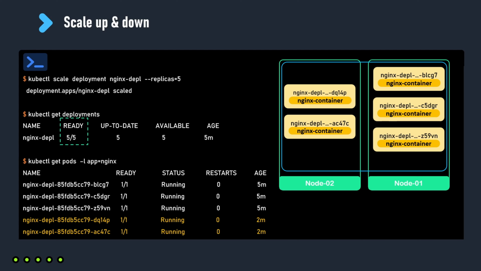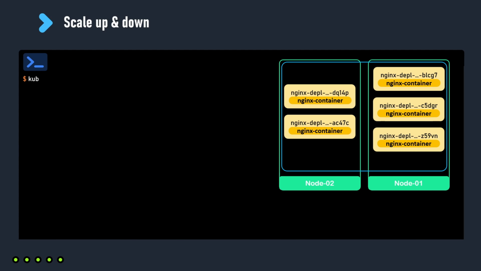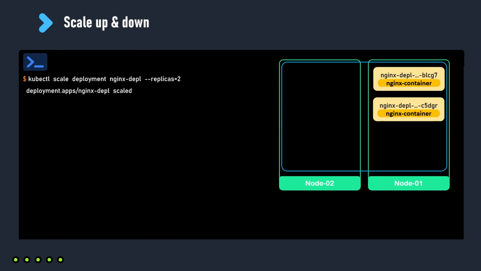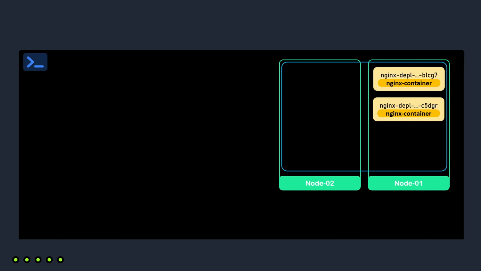If we need to scale down, we use the same command as we did when scaling up. We change just the value given to the replicas option. And if we list the deployments, we will find that the nginx deployment was scaled down successfully. Let's learn now how we can update the Docker image.